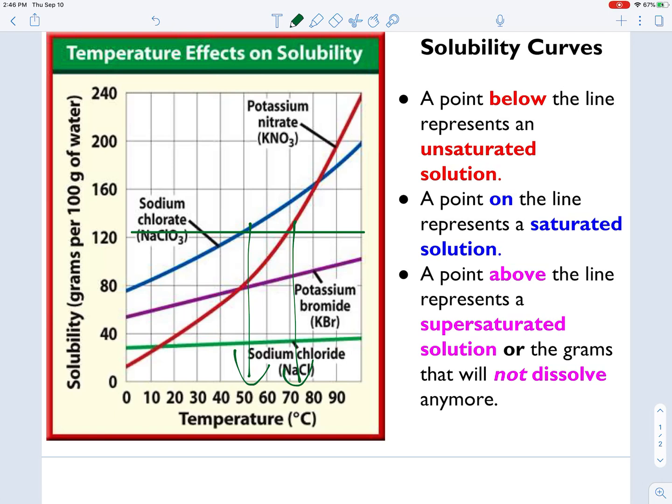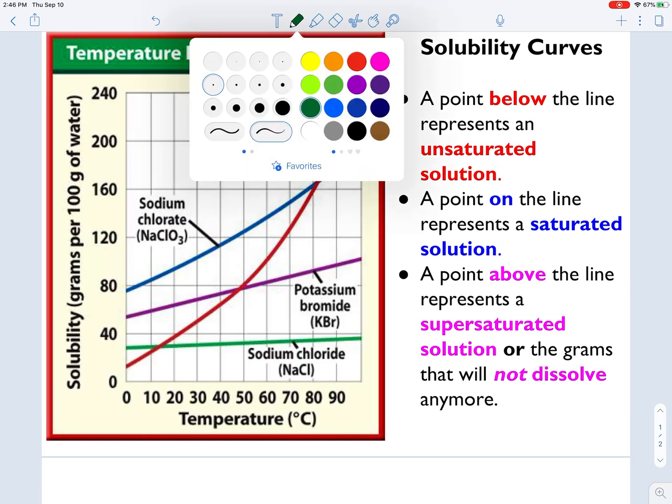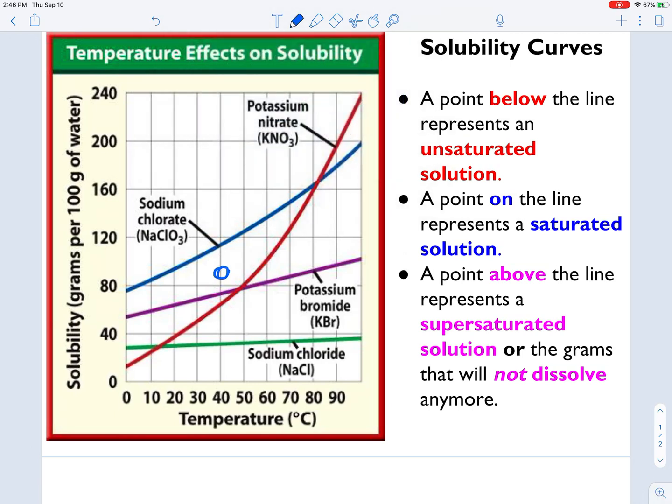If you look on the right-hand side over here, it says that a point below the line represents an unsaturated solution. So if we're dealing with, let's say, sodium chlorate, again, the blue line, if I'm at a point below that blue line, that means I can dissolve a little bit more still before it becomes saturated, because a point on the line is a saturated solution.